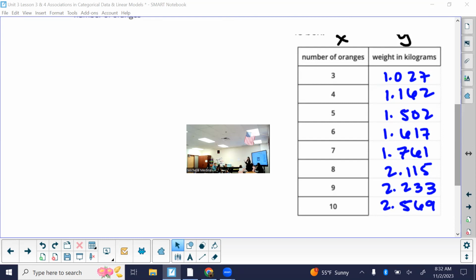So the rate of change being 0.19 means that with every additional orange, the weight increased by about 0.19. Does that make sense? That's a few questions on your test. What does the 0.19 mean? You would say something to that effect: with each additional orange, the weight increased by 0.19.